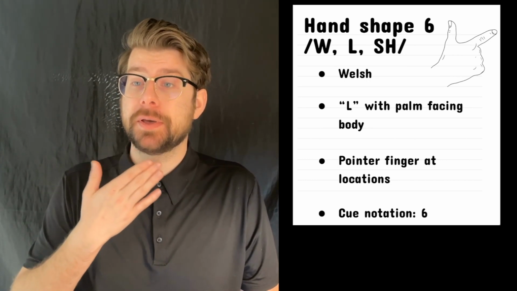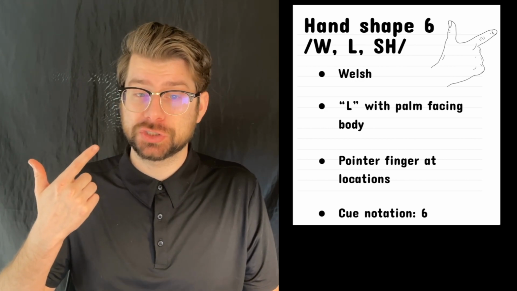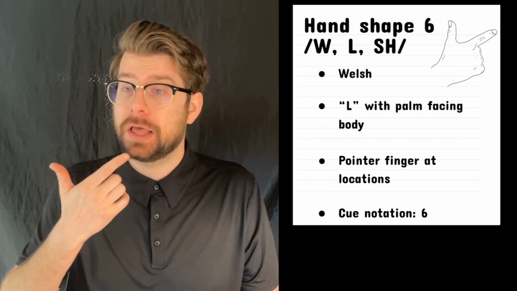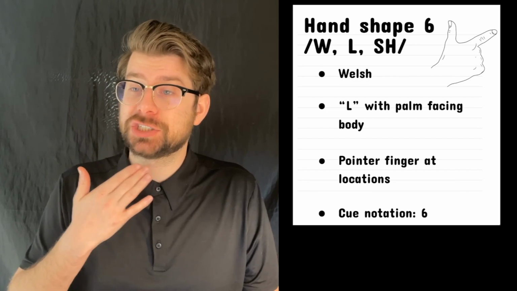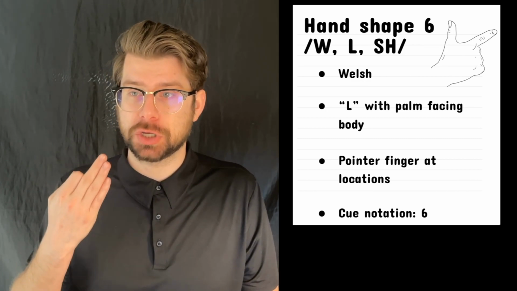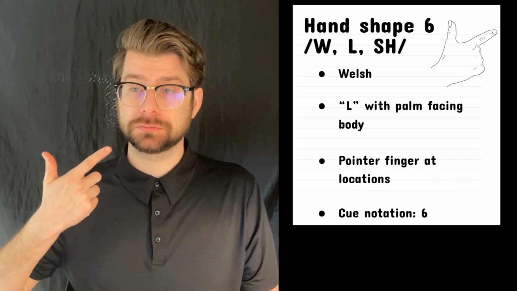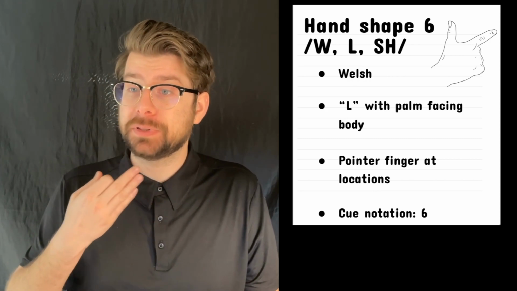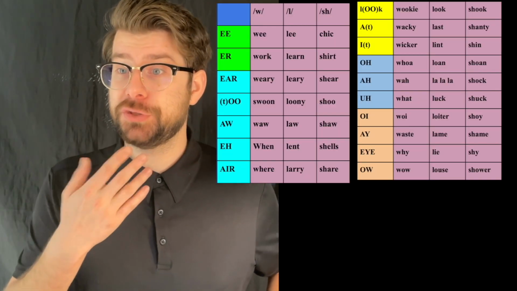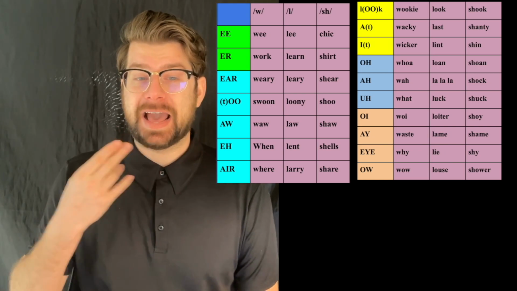This handshape makes the sounds w, l, and sh, and its cue notation is 6. When we put this handshape on placements, we put the pointer finger. So that is the proper placement for that handshape. Now to cue it with all the vowels we've learned so far.